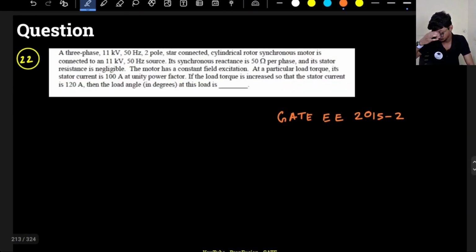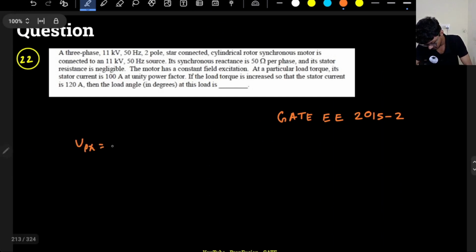A three phase 11 kV 50 hertz, star connected, so my V phase will be 11 kV by root 3.